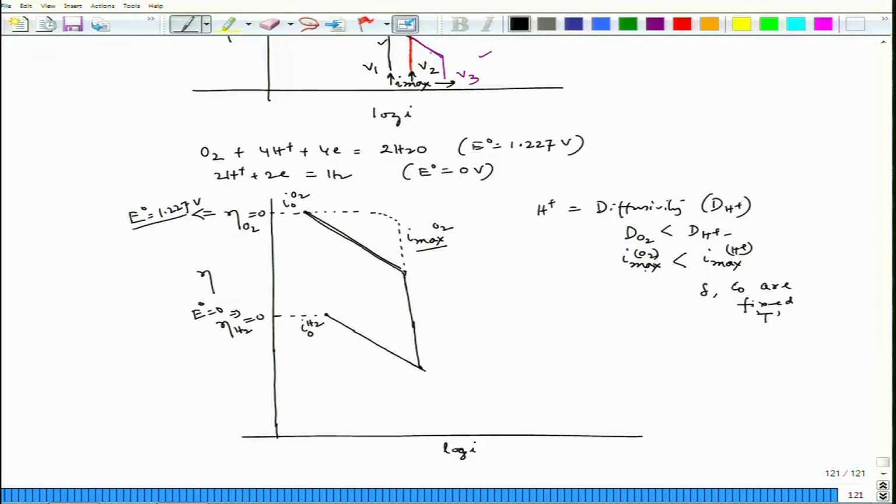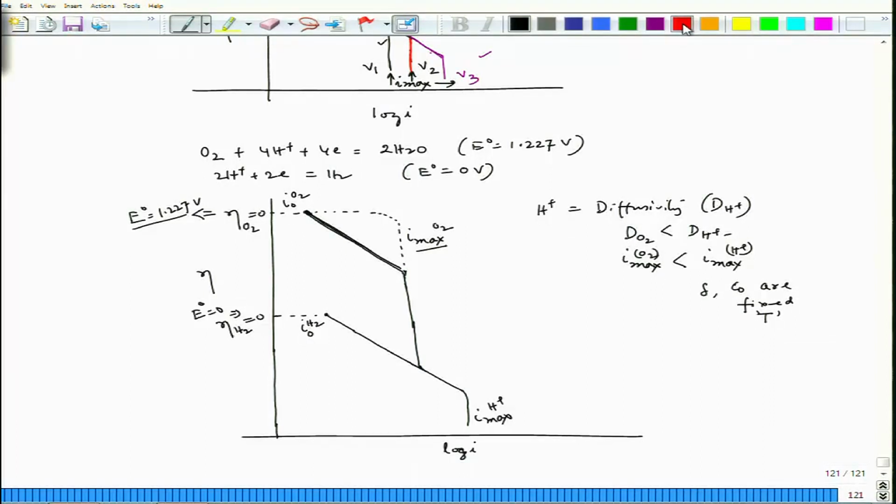So if I look at only the hydrogen polarization part, without considering the oxygen polarization, it will have its own polarization, and then finally it will reach its I max for H plus. The curve pattern would be, since the polarization starts from a higher potential of oxygen reduction, it will fall like this.